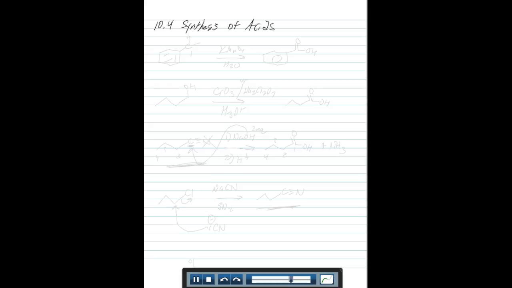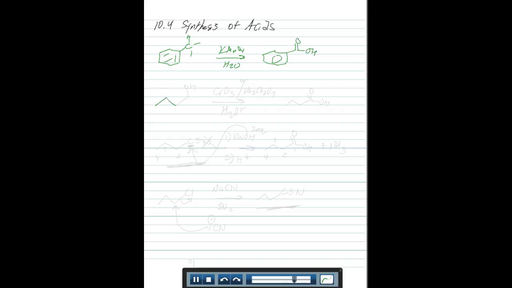10.4 now is the synthesis of acids. Pretty much we've learned three ways to make carboxylic acids, and we're going to learn a few more in this chapter. One way is a very specialized case by taking an sp3 carbon on an aromatic ring and adding KMnO4 to it, water, and you can hydrolyze everything that's off of it and form a carboxylic acid.